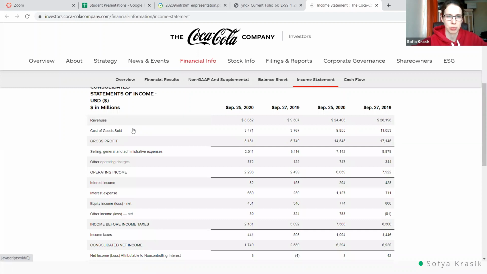So you see revenues, cost of goods sold, again, selling, general, and administrative expenses. Exactly, we also had this line in our example. Operating income. Operating income is usually either equal or almost equal to the EBIT metric.